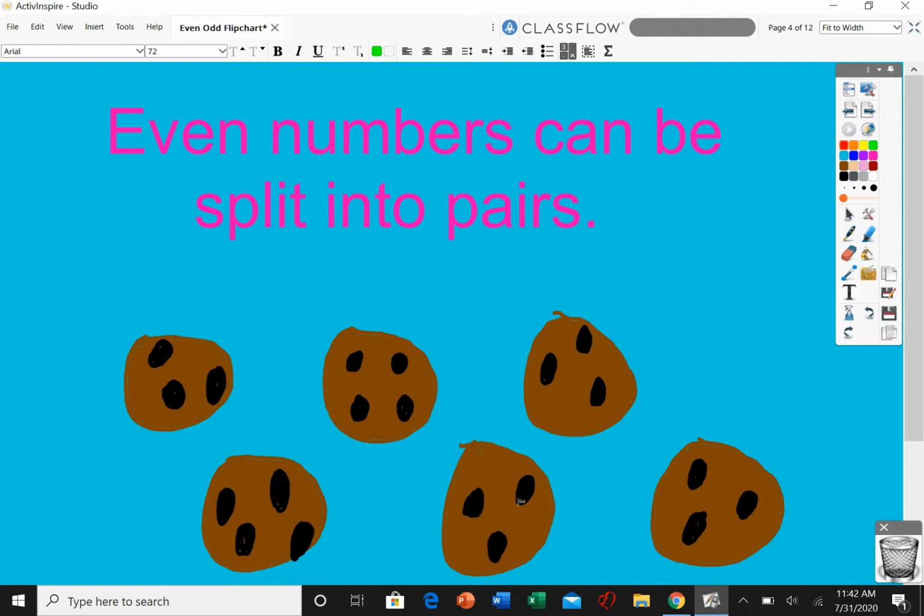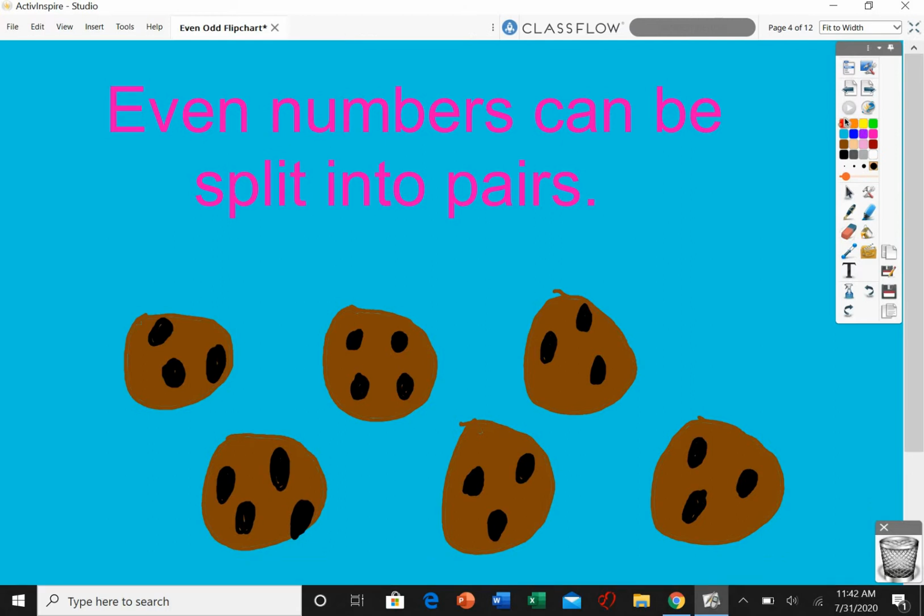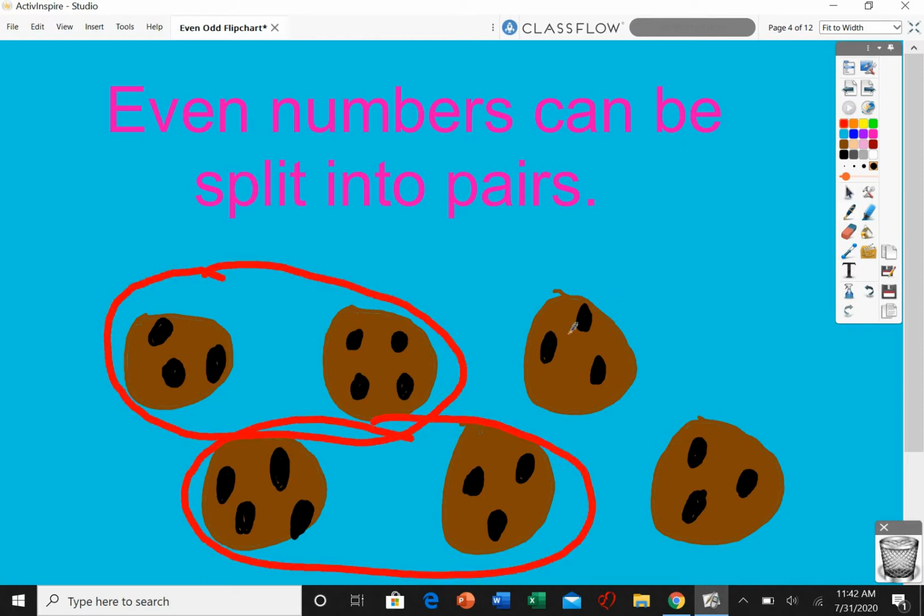Yep, 6 cookies. So if I can make them into pairs, let's see if I can do that. Remember, pair means 2. So, let's see. I'll put those 2 together. Oh, and look. Those would be even, wouldn't they? Because everybody would have the same. You can see that they all pair up and that there aren't any left over.